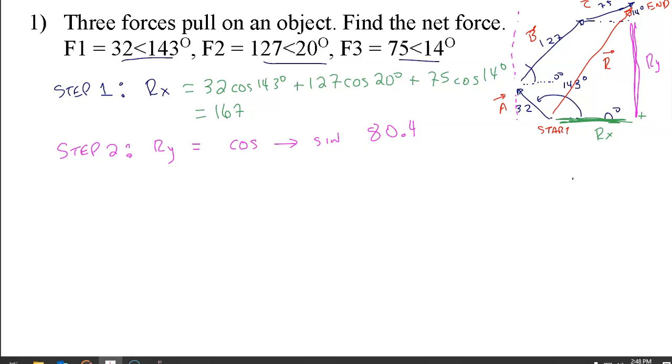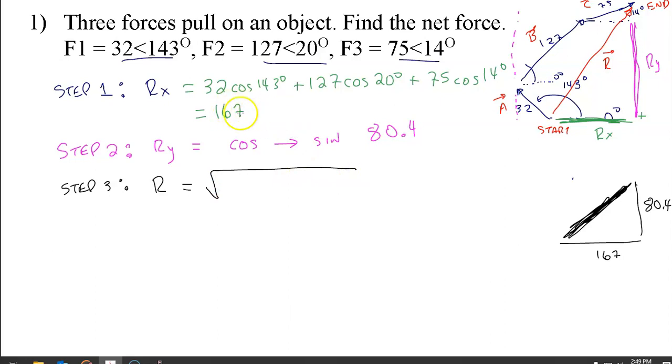All right, and then what we've got now is a triangle that goes 167 this way and 80.4 this way, and we'd like to know the length of this. Well, I can do that with the Pythagorean theorem. I've got 2 sides of a right triangle, and the third one would be given by the Pythagorean theorem.